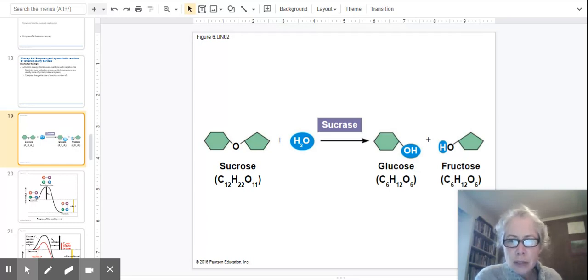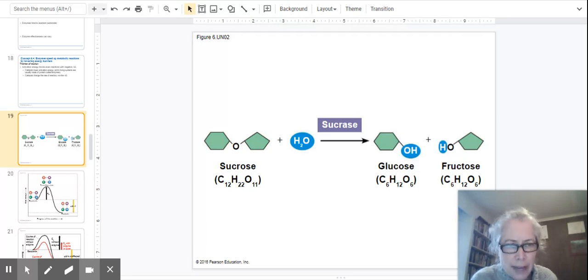Sucrose is a disaccharide, which is to say that it has two connected monosaccharide monomers, connected by a dehydration synthesis reaction. You can break those apart by adding a water molecule in a classic hydrolysis reaction. If you do that, it splits into two monomers. The glucose is one of them and fructose is the other.